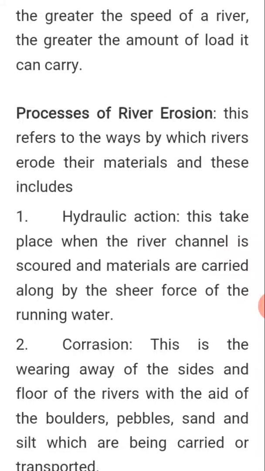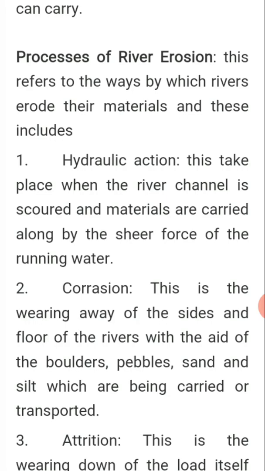Processes of river erosion. This is going to explain to us different ways by which rivers erode their materials, and these include hydraulic action. This takes place when the river channel is scoured and materials are carried along by the shear force of the running water.